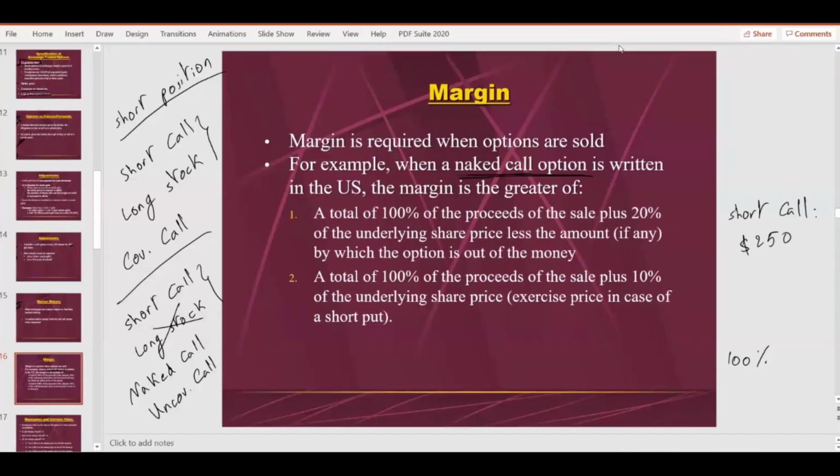So here for number 2, it's 100% of the proceeds, so it's $250, plus 10%, that is 0.1 times the current price per share, let's say that P0 is, for example, $40.